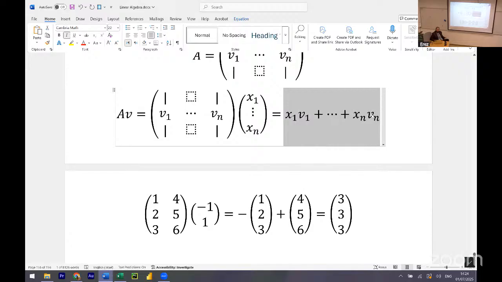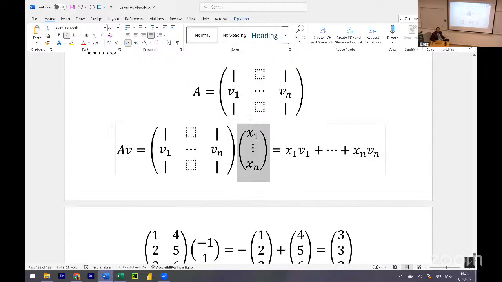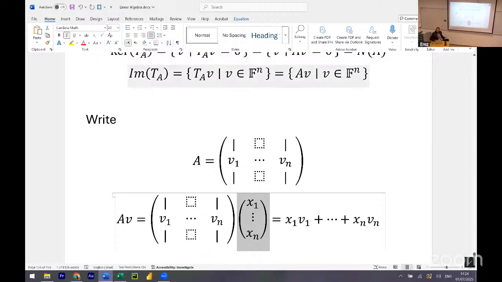What do we call such a thing? A linear combination, right? And you are allowed to choose each scalar you want. You go over all lists of vectors, all lists of scalars. So it's a linear combination of what?